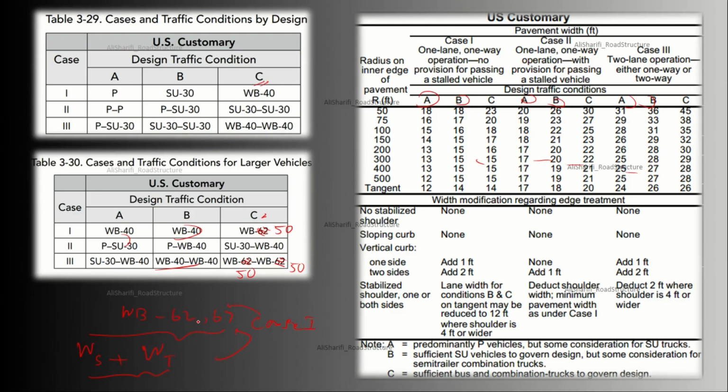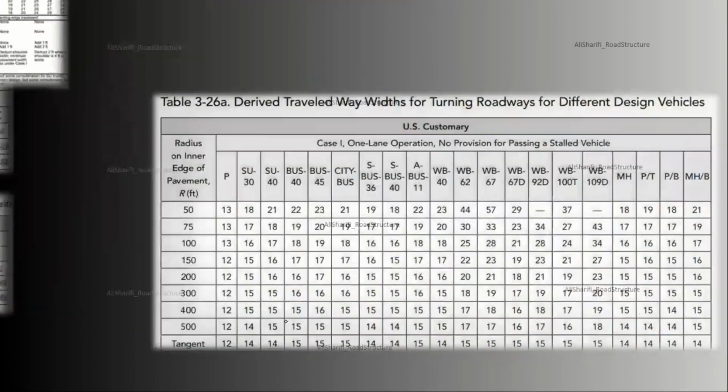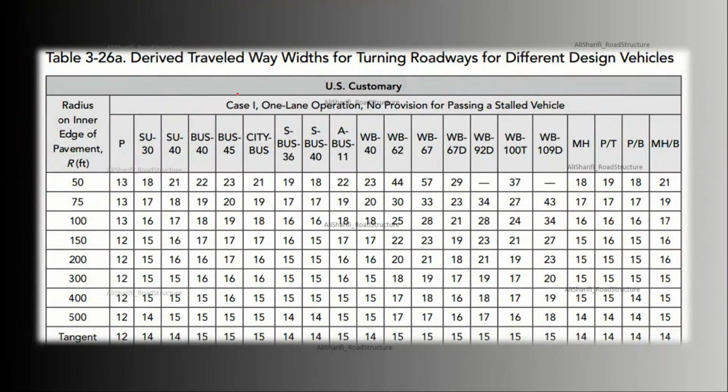So you also need this table to make sure the turning roadway is wide enough to accommodate the larger occasional design vehicle that is expected to use the turning roadway.